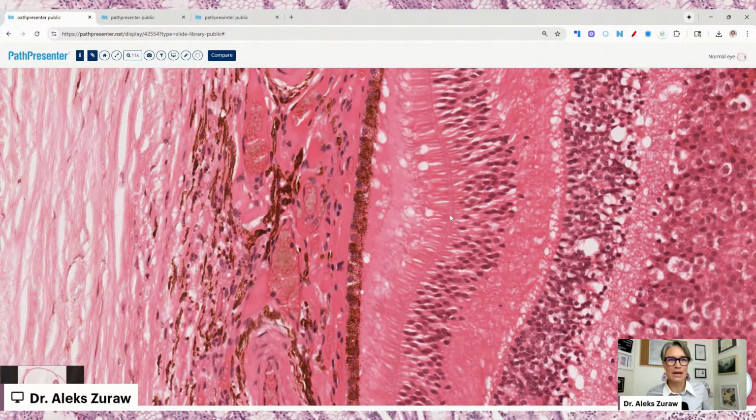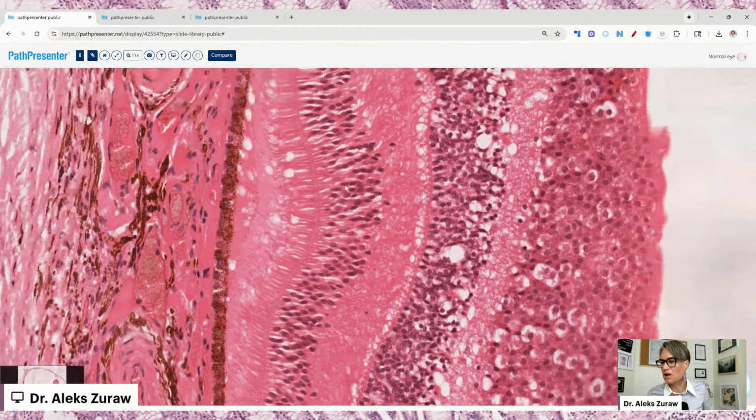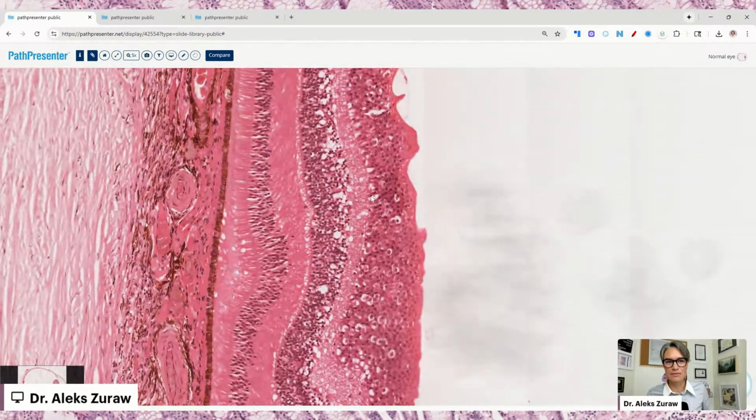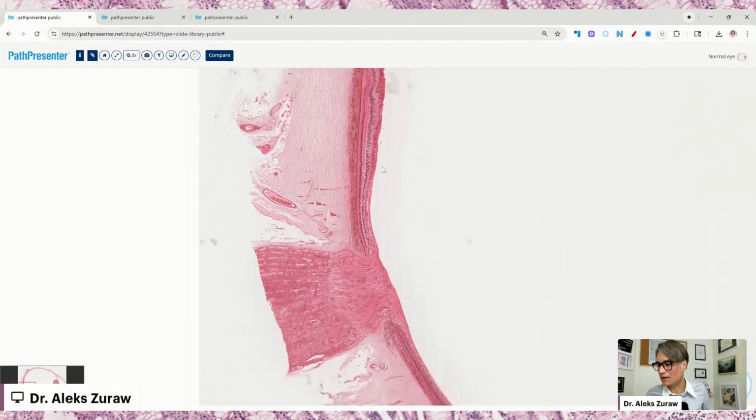And then we have the membrane, we have the outer nuclear layer. So these nuclei are the outer nuclear layer. Then we have the outer plexiform layer, inner nuclear layer. So these are super visible from the outside. Inner plexiform layer and ganglion cell layer, and they all have different functions.